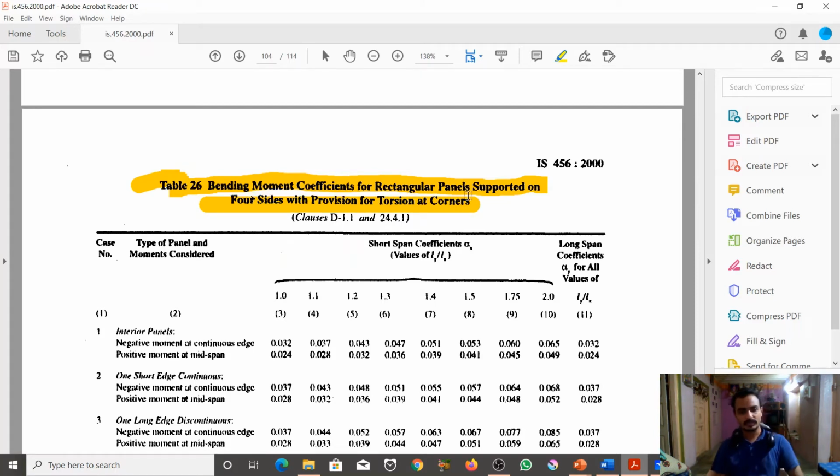These are the bending moment coefficients for the two-way slab. First we need the shorter span coefficient and the longer span coefficient, and we need the Ly by Lx value.